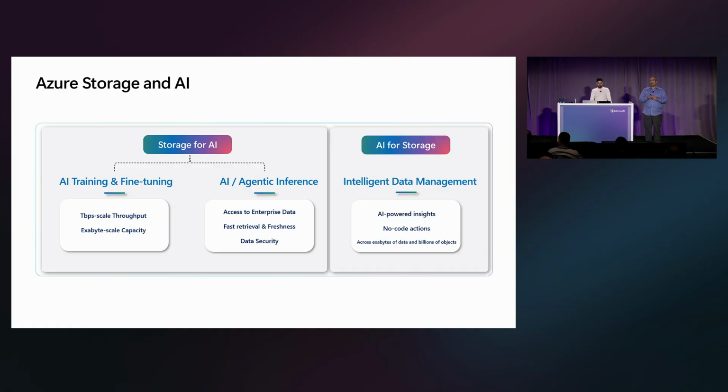The last third of the talk, we'll talk about AI for storage, AI capabilities that we're building into our storage services, in particular focused on intelligent data management. So that's the frame of the talk.